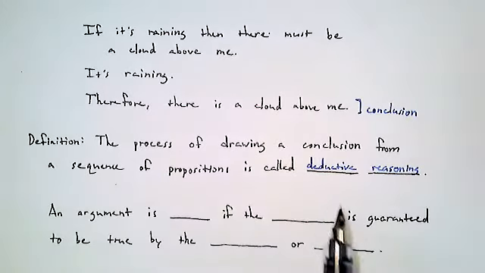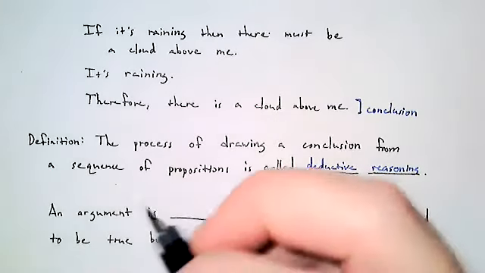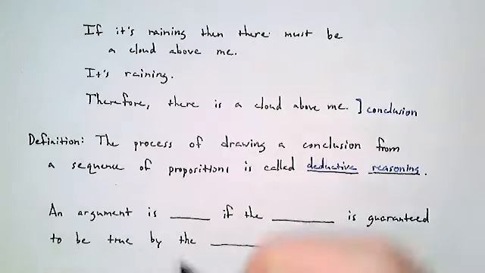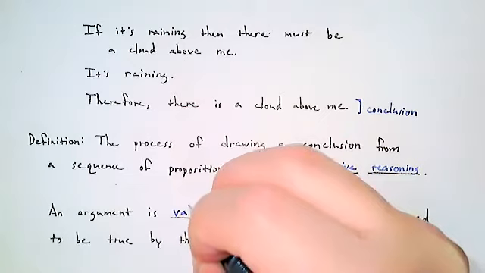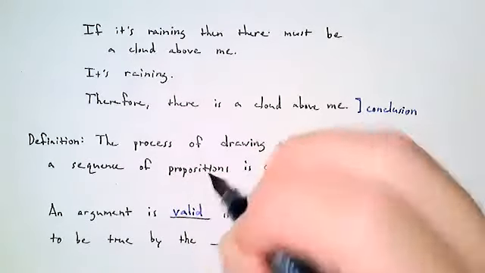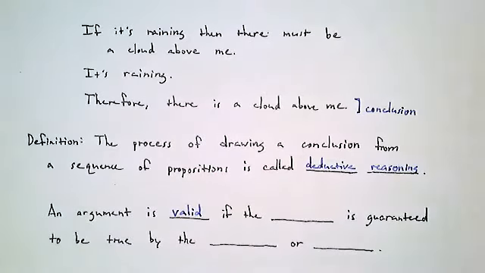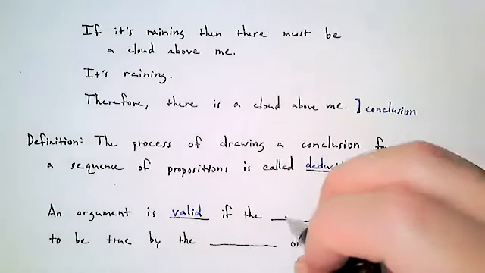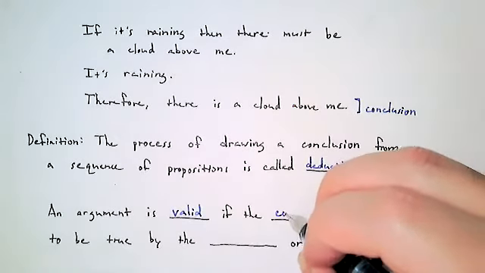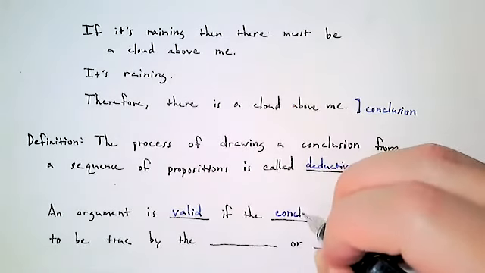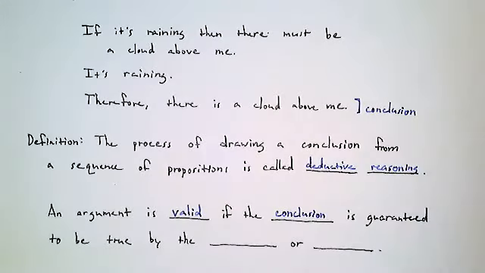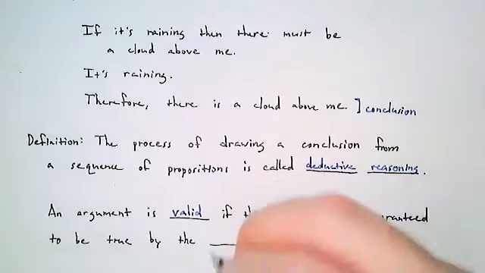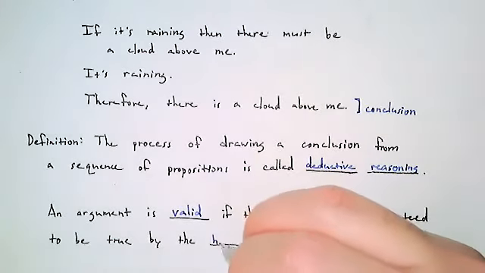And formally, we have this word called valid for when that's the case. An argument is called valid if the conclusion, so the last line of your argument basically, is guaranteed to be true by the hypotheses or the other parts of the argument.